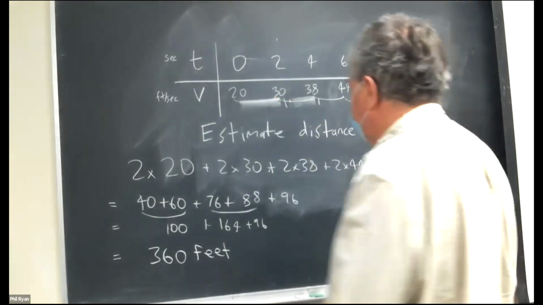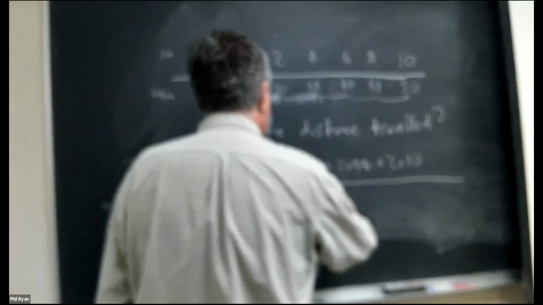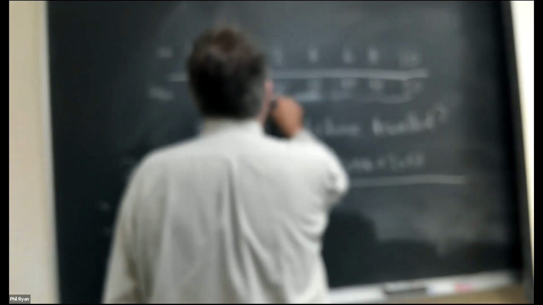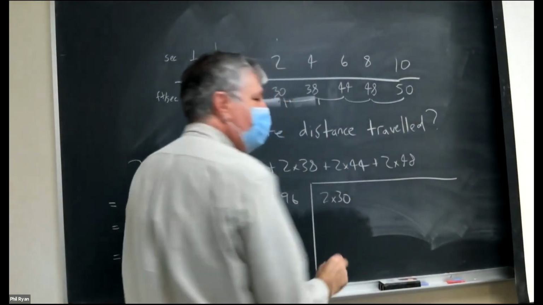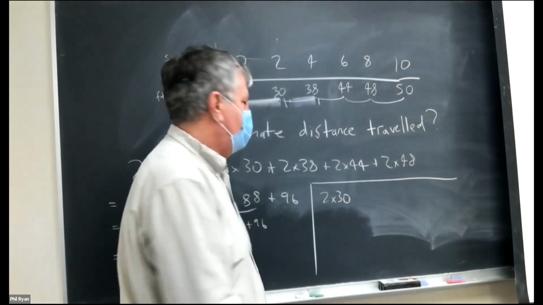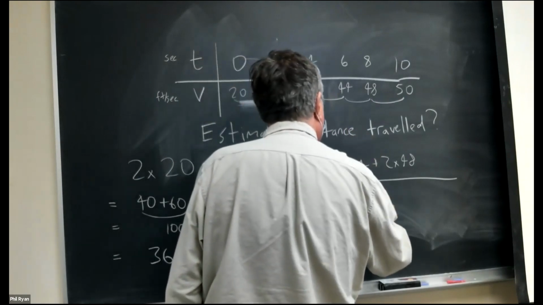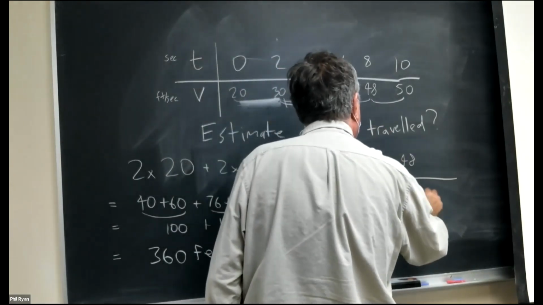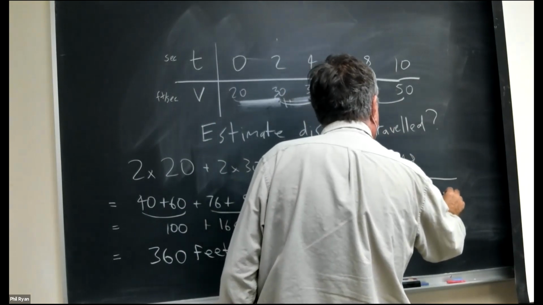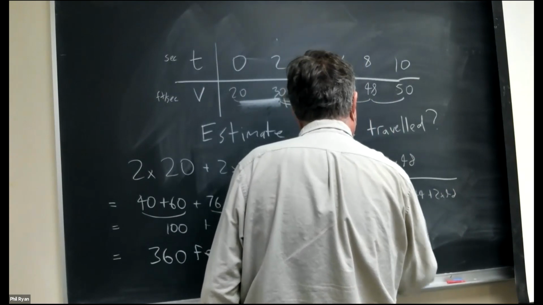So let's do that. This is a different estimate now. I do 2 times 30. Now for this interval, I'm going to choose the highest possible value, so I'm deliberately overestimating. Here to here, 2 times 38, plus 2 times 44, plus 2 times 48, plus 2 times 50.